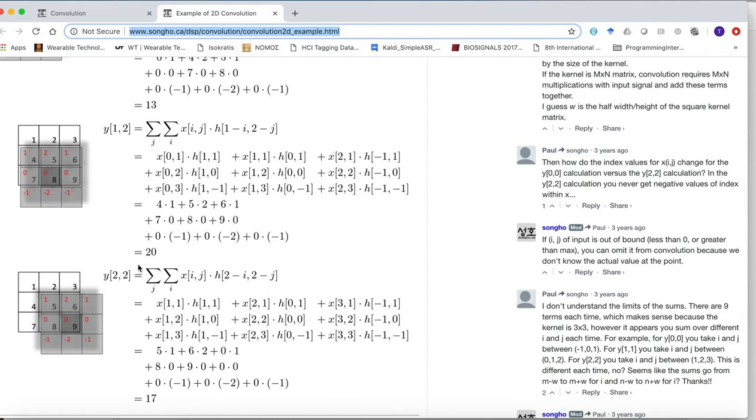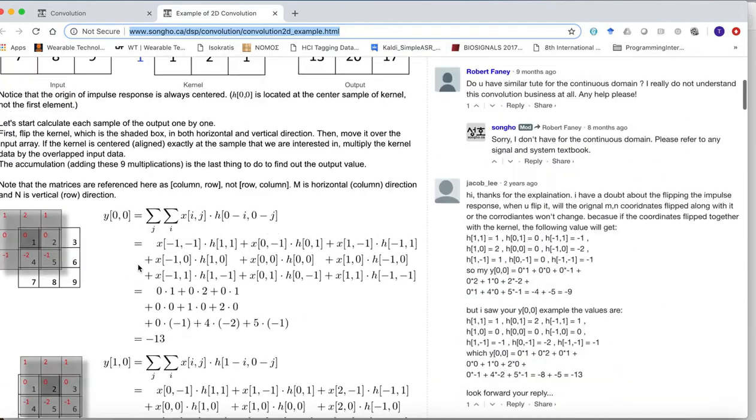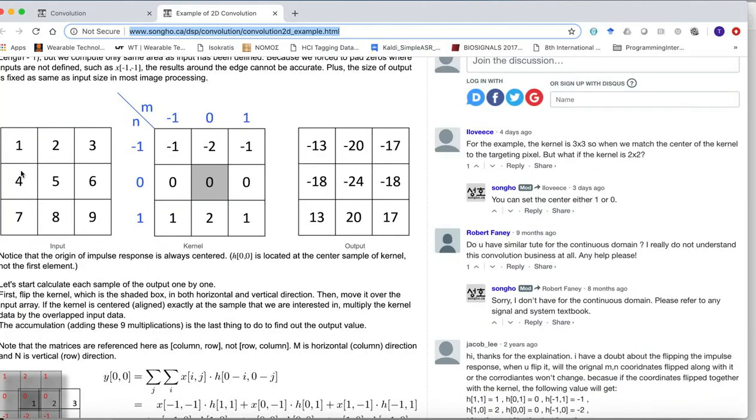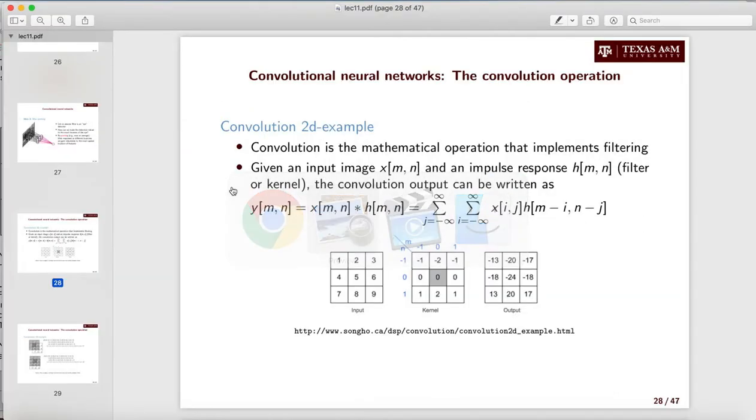We can see how we can perform a convolution operation between a two-dimensional input with a two-dimensional kernel, and in this case the dimensionality is 3 times 3. So what do these convolutions mean in practice?